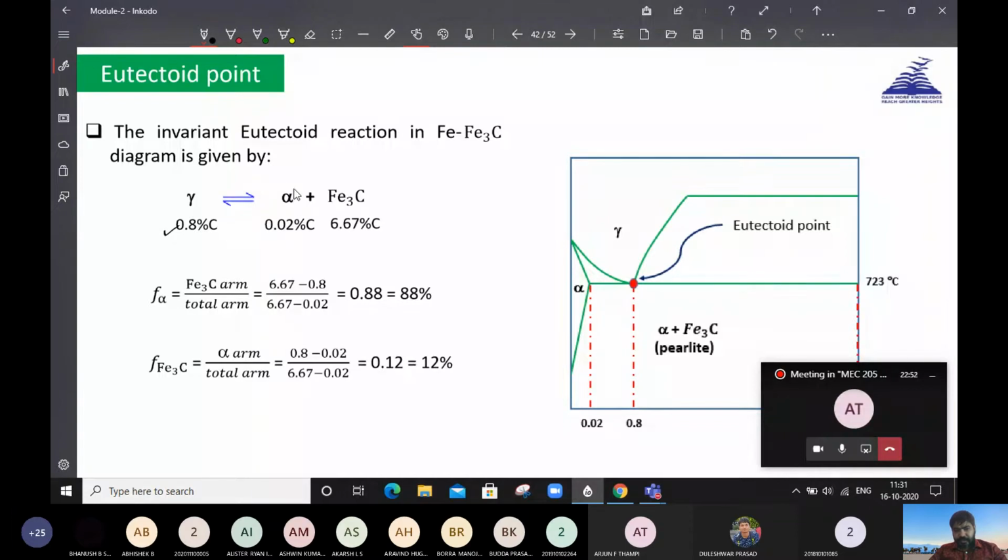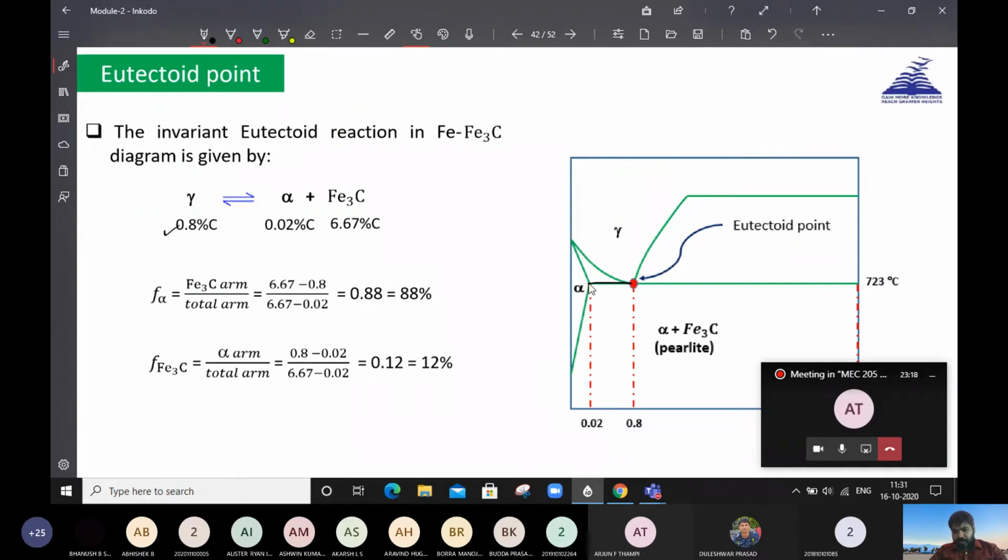Now the next question is, what is the composition of alpha and what is the composition of Fe3C? In order to find the composition of alpha, you move like this until it intersects the alpha boundary. When you draw a line like this, it intersects the alpha boundary at this point, and when you move downward, it will be 0.02.